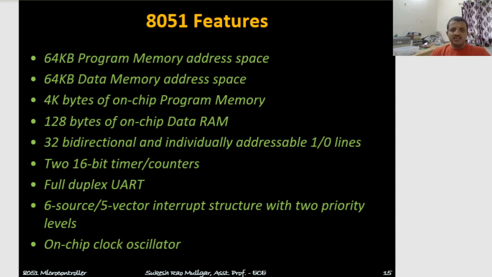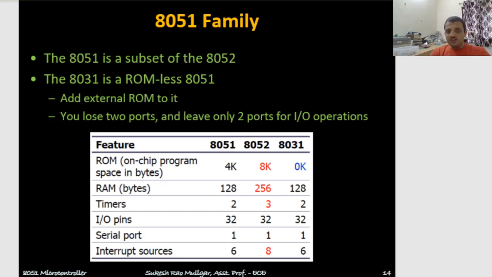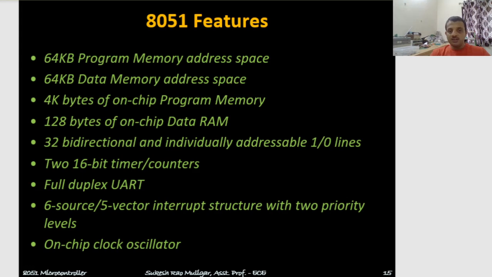The first highlight is that it supports 64 kilobytes of program memory address space. The chip I'm talking about, the original 8051, has 4 kilobytes, whereas this is a general core feature, not about a particular chip.